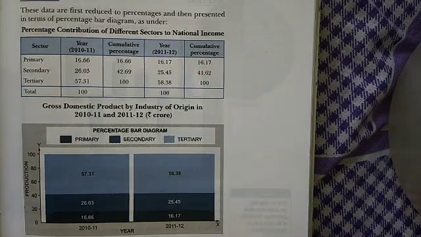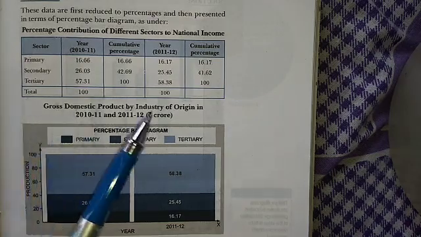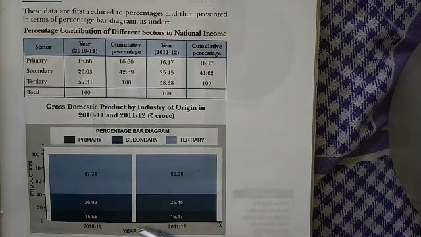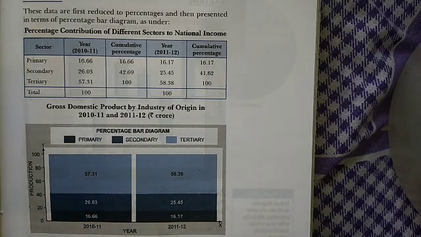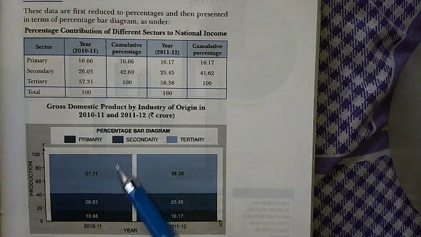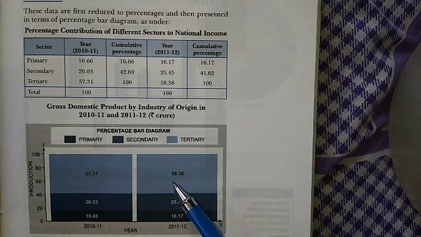Now gross domestic product by industry of origin in 2010-11 and 2011-12 in crores is shown here. The y-axis shows production, x-axis shows year. In 2010-11, this color shows primary, this color shows secondary, and this color shows tertiary.